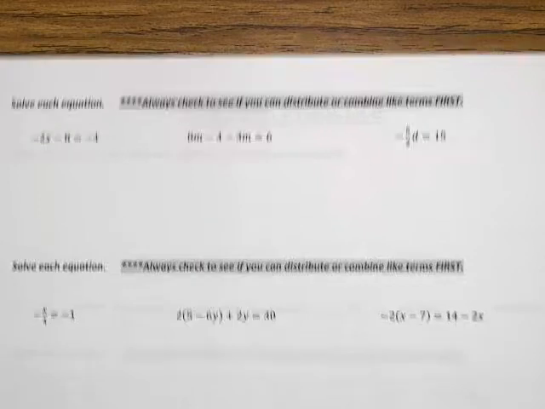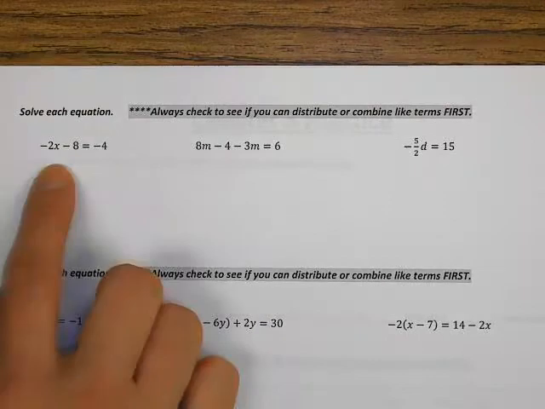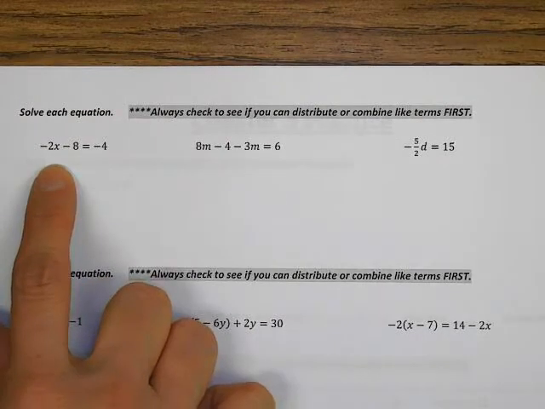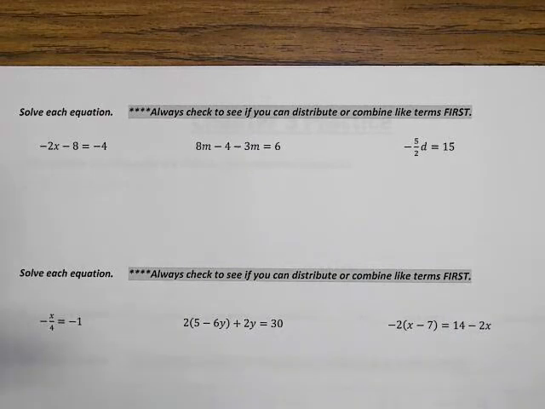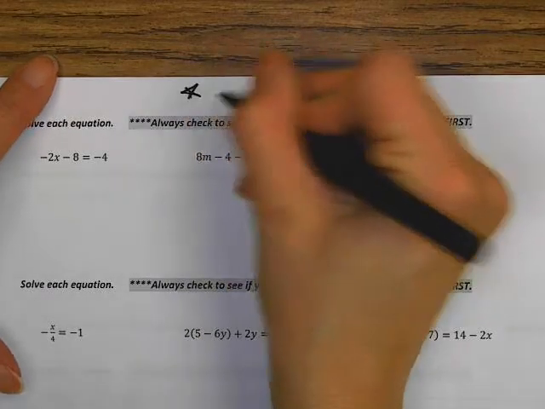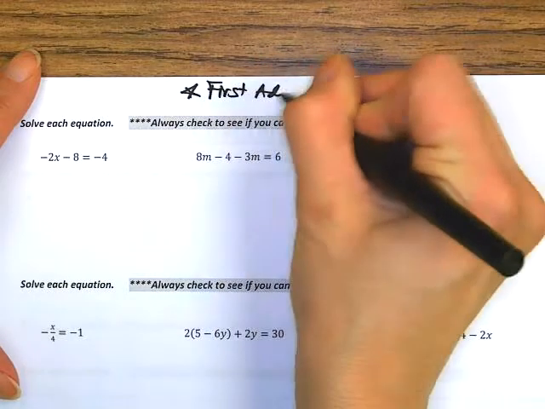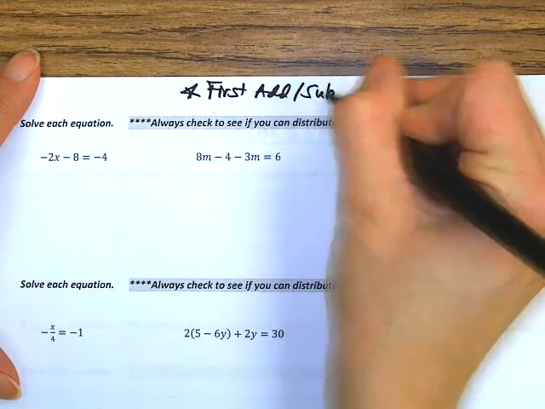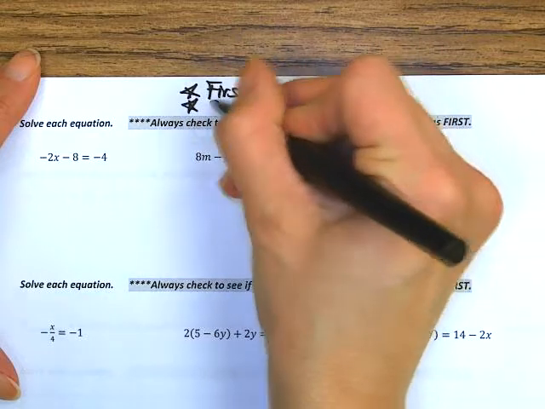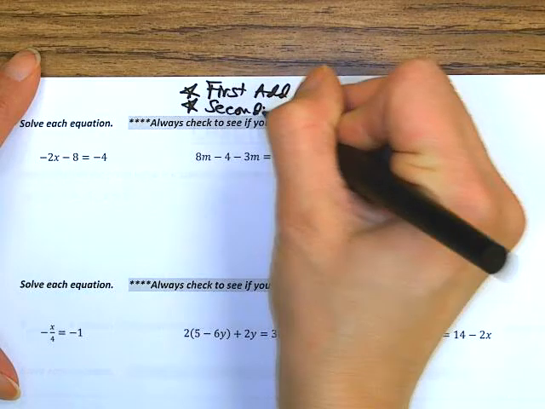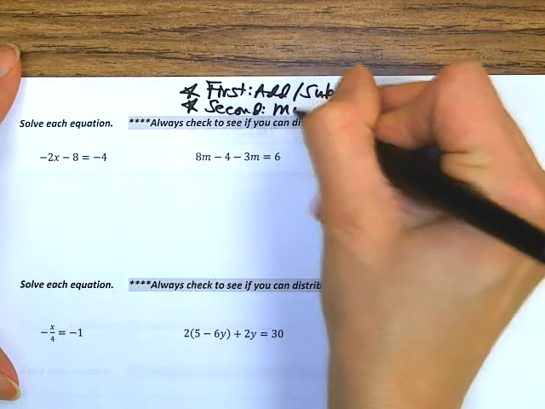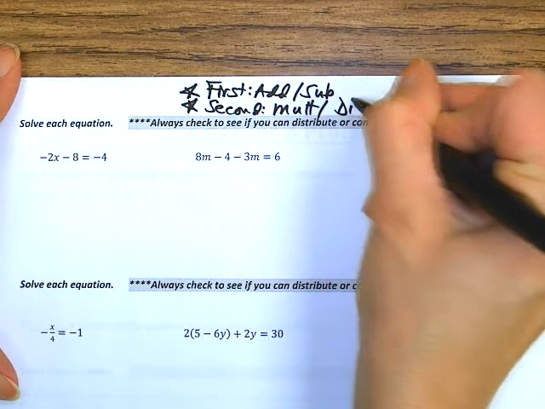So here's a two-step equation. Okay, so when you have a two-step equation, let's just pull out a note here. First, you do the adding or the subtraction. And second, you do the multiply or the divide.